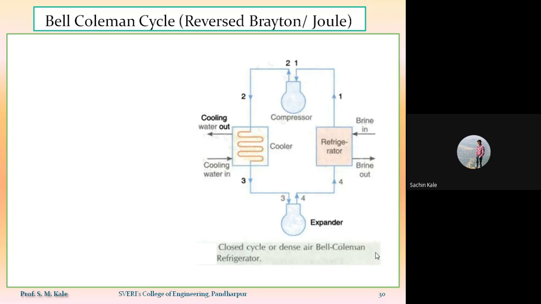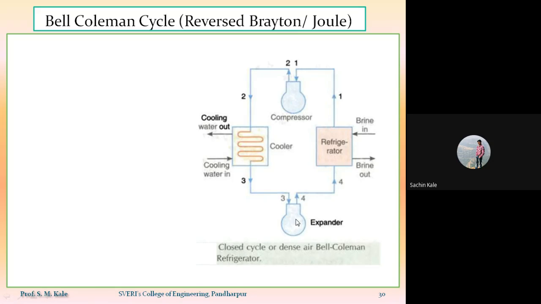In the yesterday's lecture, I explained how the process occurs in the Bell-Coleman cycle. At the inlet of the compressor, there will be air. That air will be compressed isentropically inside the compressor. That compressed air will be supplied to the cooler. Inside the cooler, heat rejection takes place at constant pressure. The outlet of the cooler will be provided to the expander.